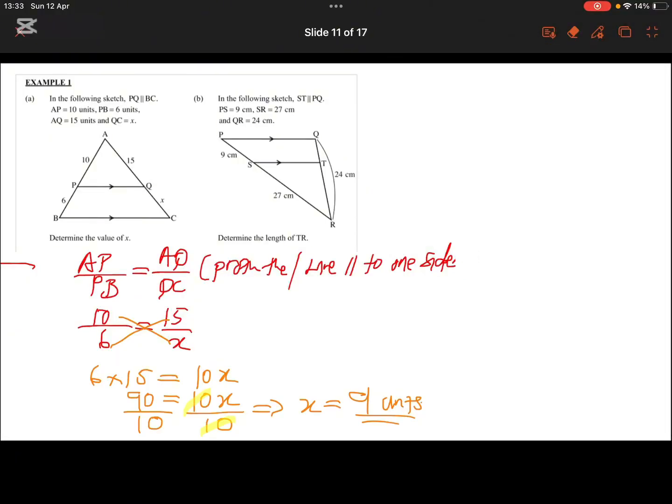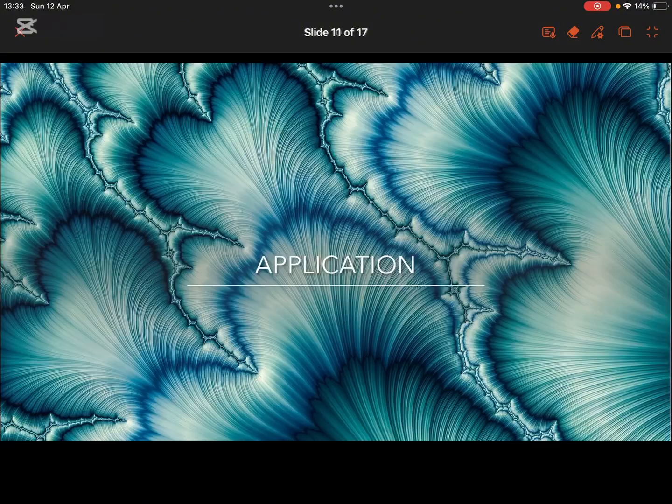Right. Okay. For the sake of space, I'm going to remove that other part.